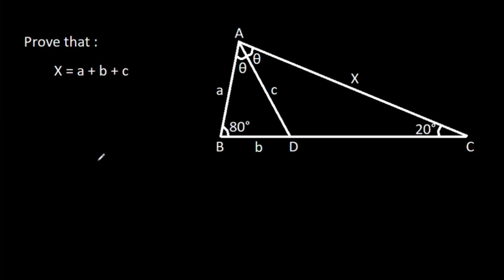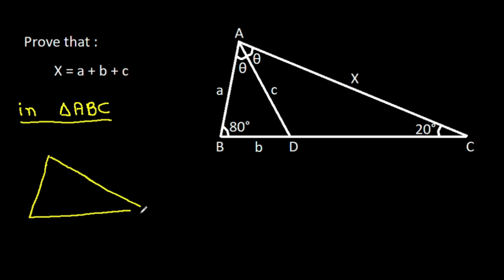So, in triangle ABC, this angle is 80 degrees. This angle is 20 degrees.